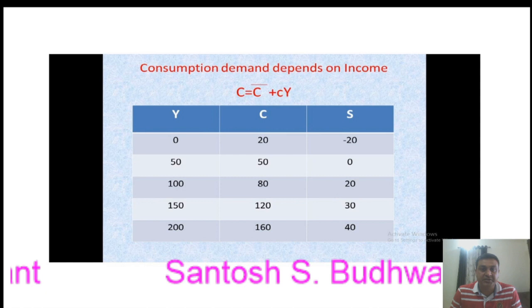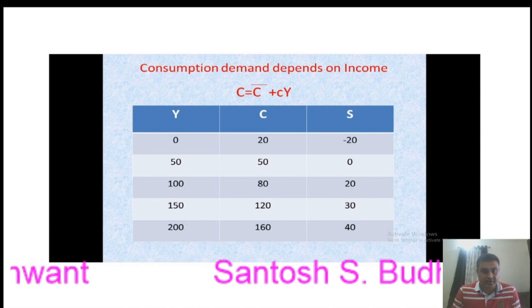When the person has no income, that is zero income, he still consumes 20. We can simply say it is a part of income, but saving is minus 20.